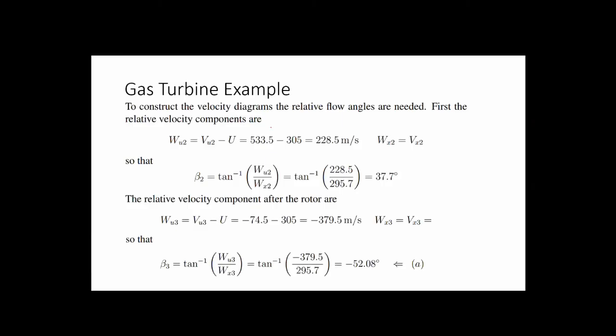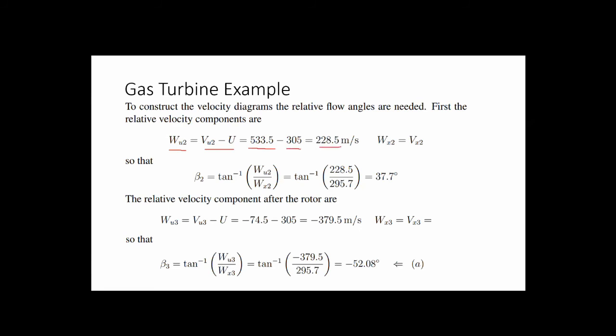To construct the velocity diagrams, the relative flow angles are needed. First, the relative velocity components are Wu2 equal Vu2 minus U, and Vu2 is equal to 533.5 and U is equal to 305.